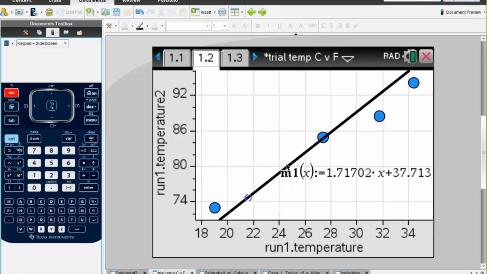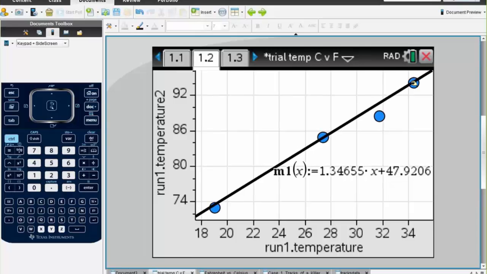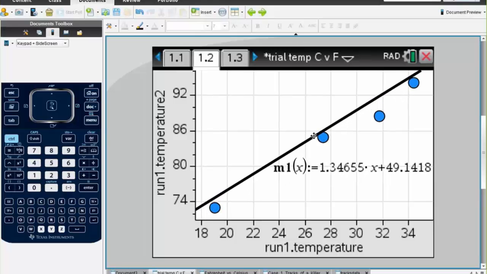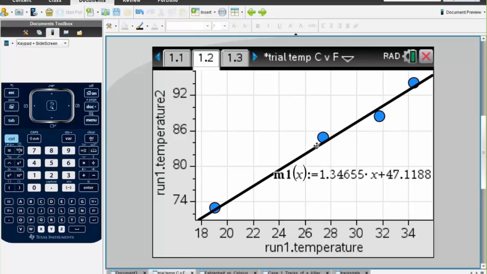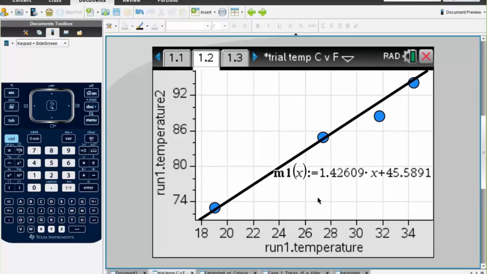And if they grab the ends of it, they can adjust it slightly. I'll move this top bit down a bit. If they grab the middle where they get crosshairs, they actually move the line fully up and down at that particular gradient. So the ends are how you adjust your gradient, and the centre is how you adjust your line.